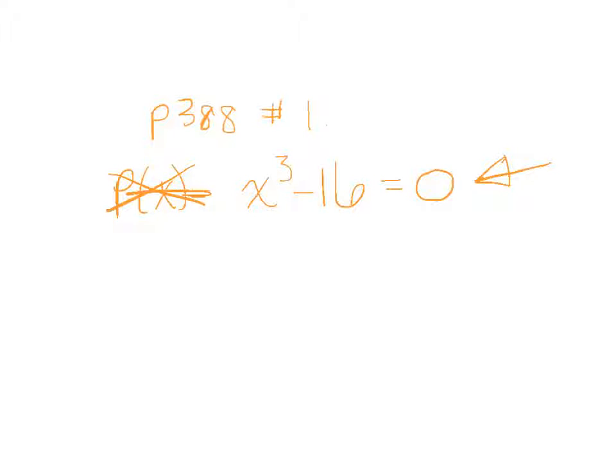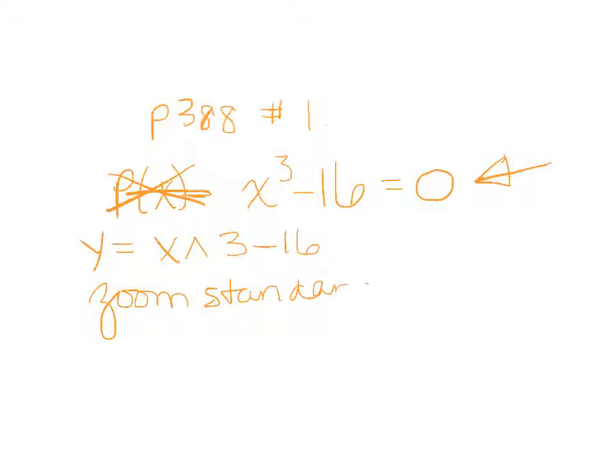When you look at it, you've got the buttons at the top, y equals, and you're going to put x raised to the third power minus 16. You're going to do a zoom standard. And you should have a picture that looks approximately something like this.